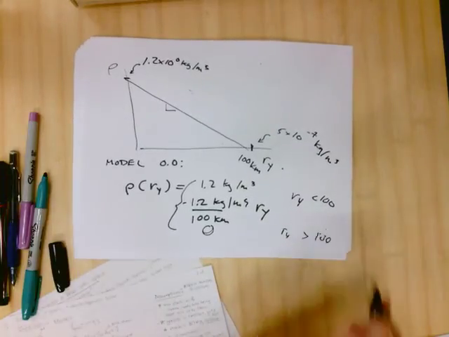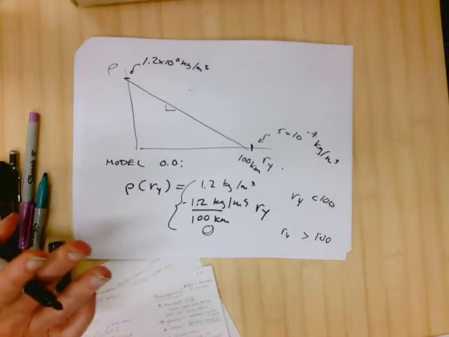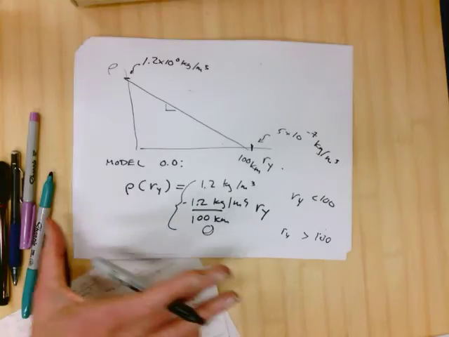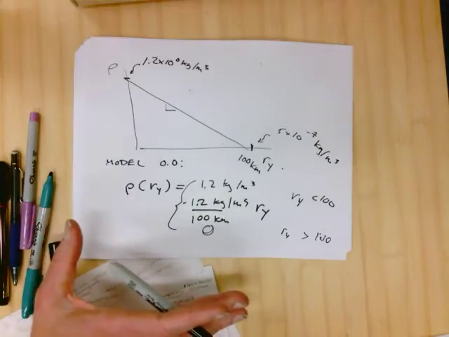Now that's not going to be a very good model, but it's an example of looking at a very limited amount of data and saying, okay, what's a model that we could build?